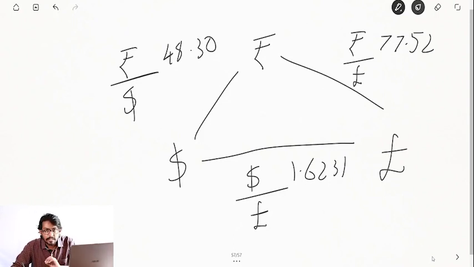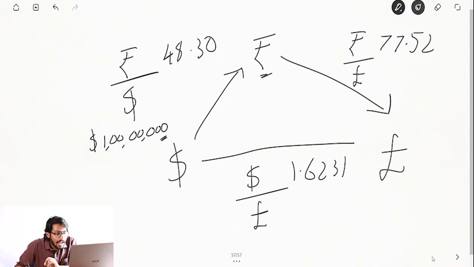77.52. These are the rates. Now what is the starting point? Your starting point is dollars 1 crore. You have two choices. Either start with 1 crore, convert that to rupees, convert that to pounds, and convert that back to dollars.